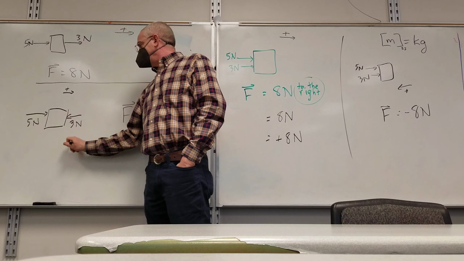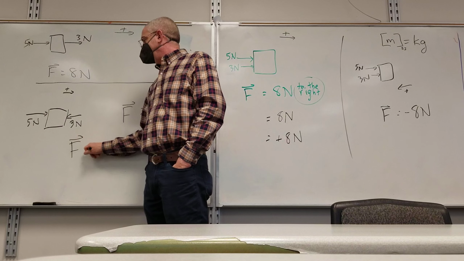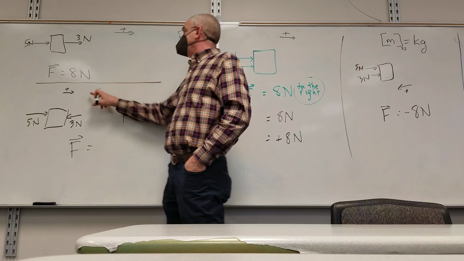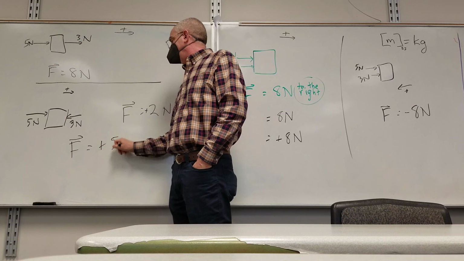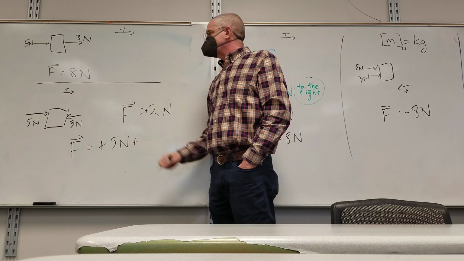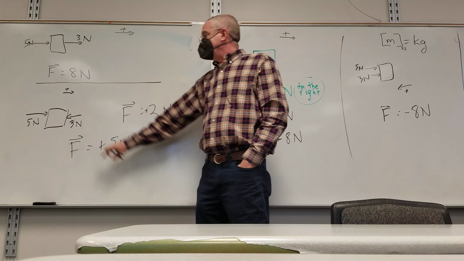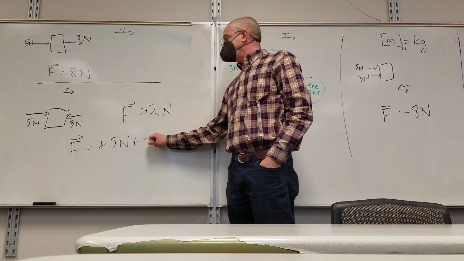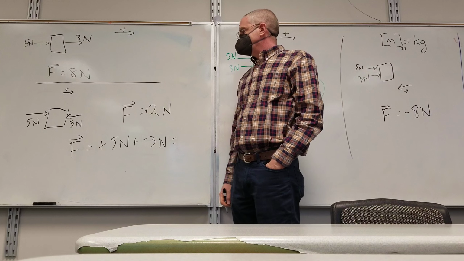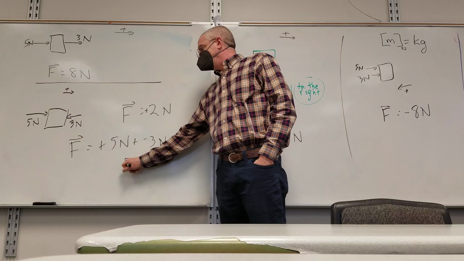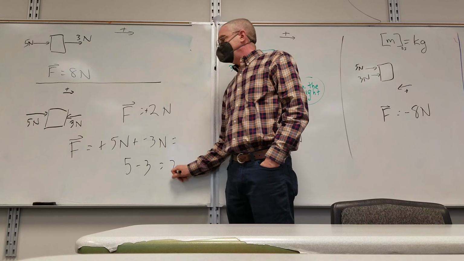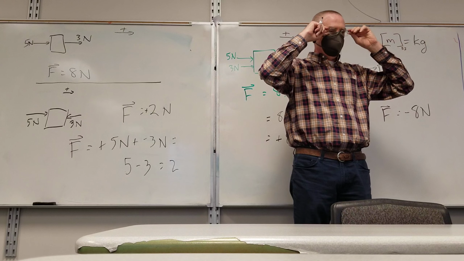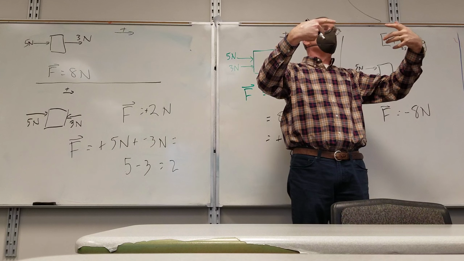I have 2 forces here, and I want to find the total force, so I'm just going to add them. 5 newtons is to the right, and I said to the right is positive, so I have positive 5 newtons, plus, because I'm adding forces together, a 3 newton force going that way, so it's a negative 3. The math problem is 5 minus 3, which is 2. Because they're in opposite directions, the signs have to be opposite. One's positive and one's negative.